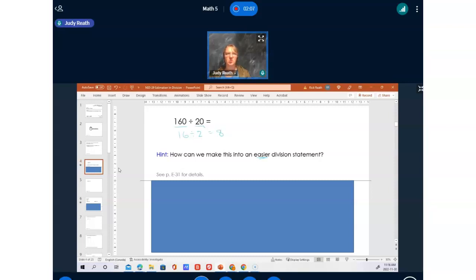So 160 divided by 20 would actually be 8 as well. Because we divided both the dividend and the divisor by the same number, we divided both of them by 10, our answer for this one will be the same as the answer for this one.